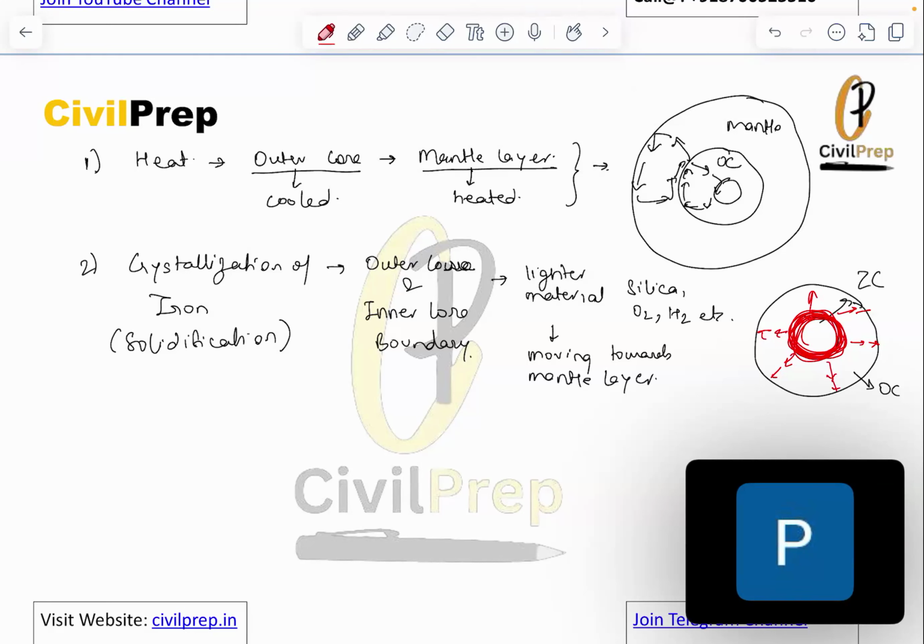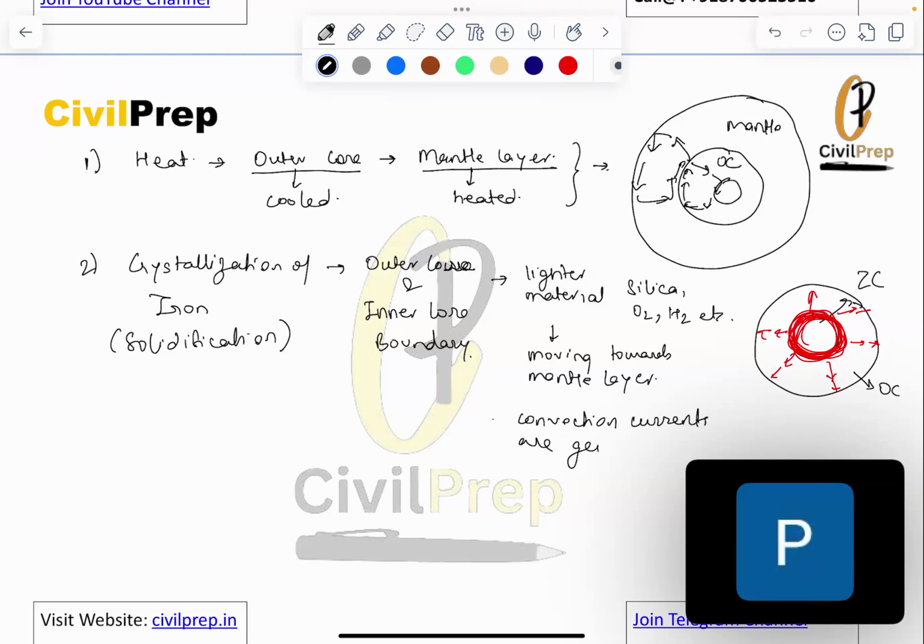So because of this also, there is motion, or we can say convection currents are generated here.